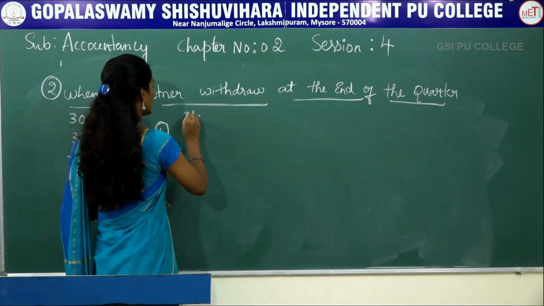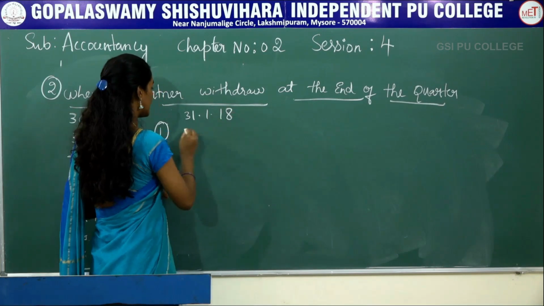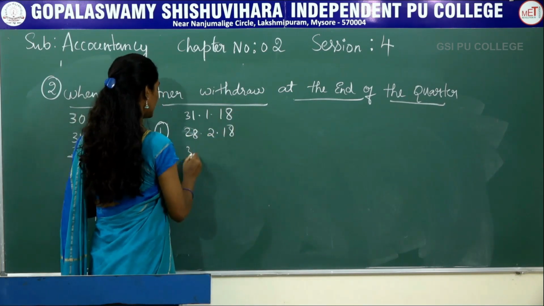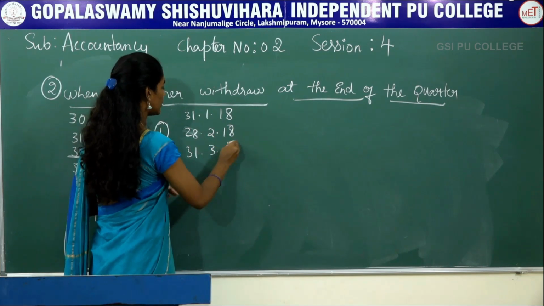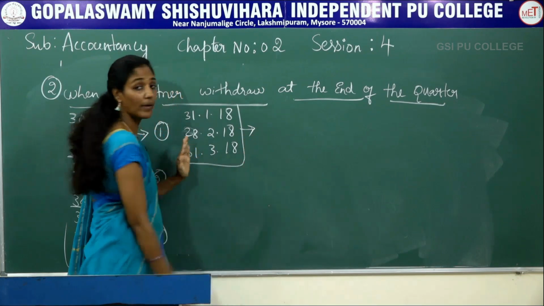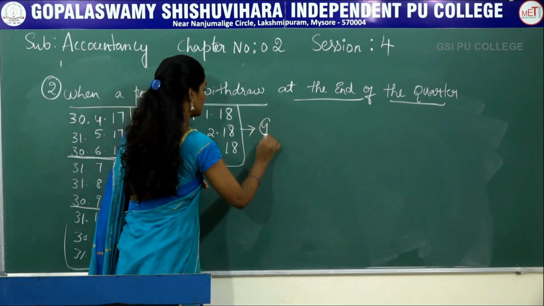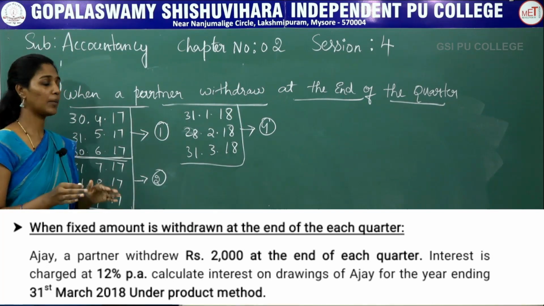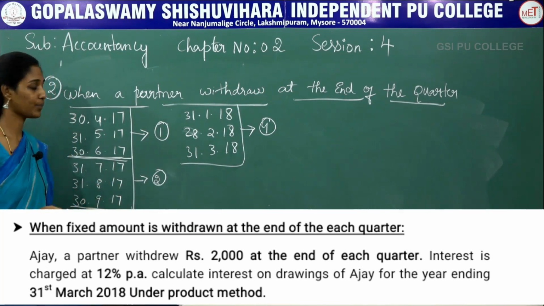The next again 31st 1 2018, 28 2 2018, 31st 3 2018. So the last 3 months of the year belong to the fourth quarter. Before going to solve the problems, first you should make sure about these months.